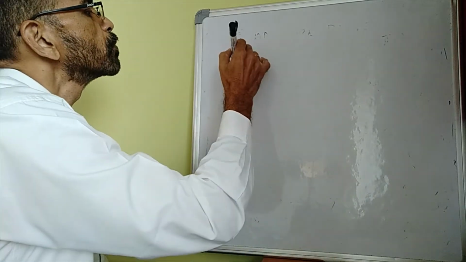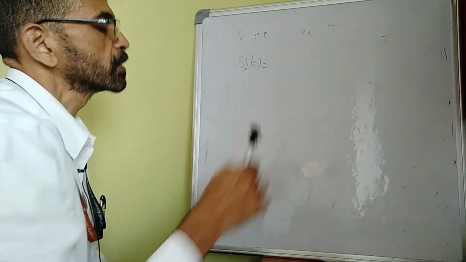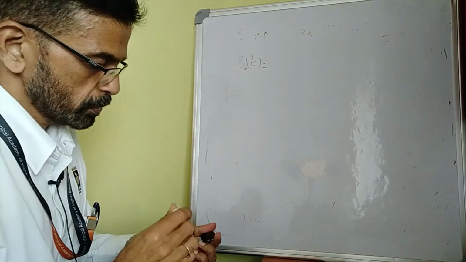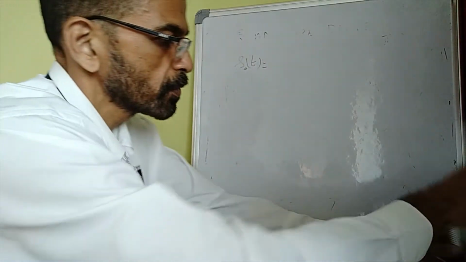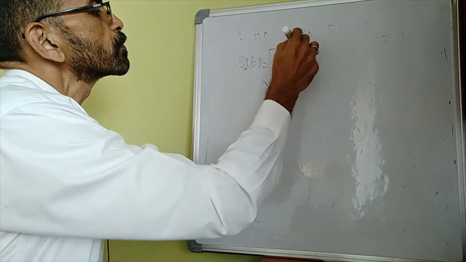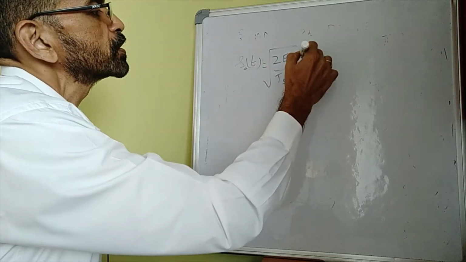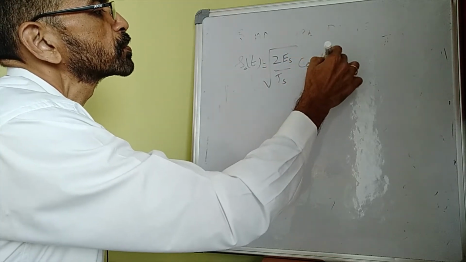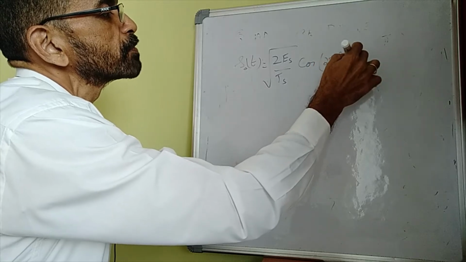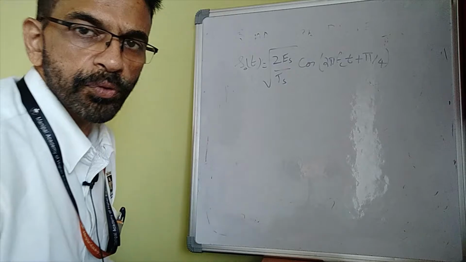So we can have S0(t) equal to square root of 2Es by Ts cos(2 pi Fc t plus pi by 4).